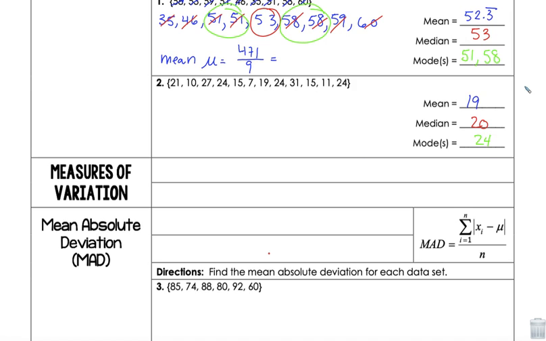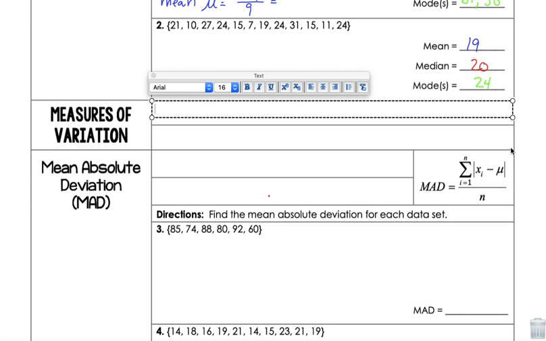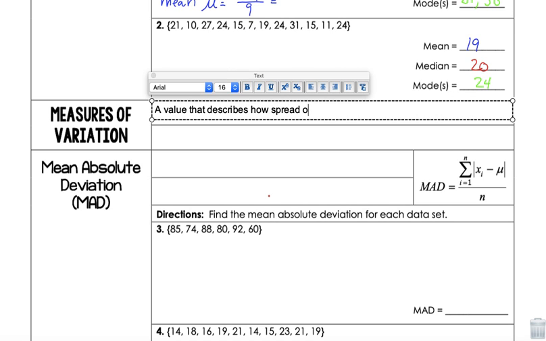So measures of variation, that's next. Measures of variation is a value that describes how spread out a set of data is.